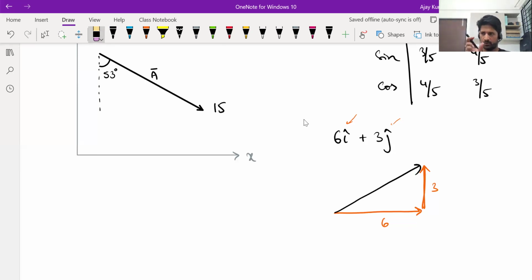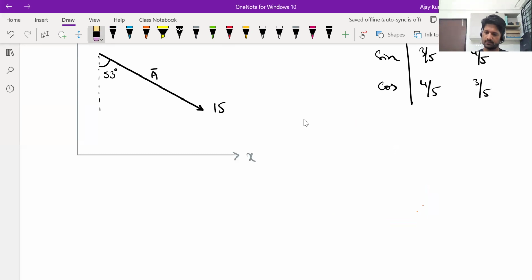So whatever components you wrote in your answer, draw those components separately, try to draw their resultant and check if it matches the original vector that is given to you. None of your answers will match. Saket, there is still some mistake in your answer.